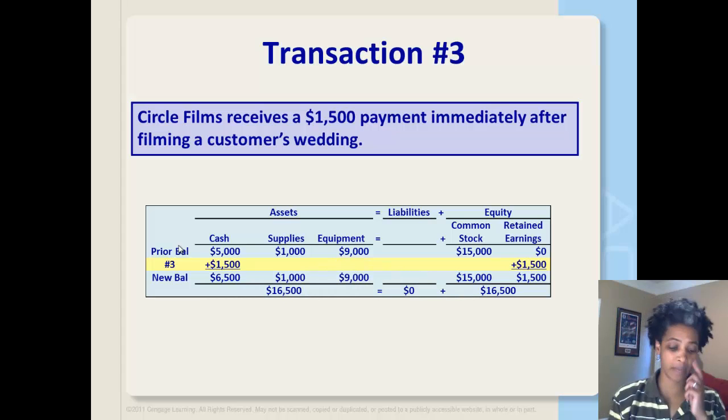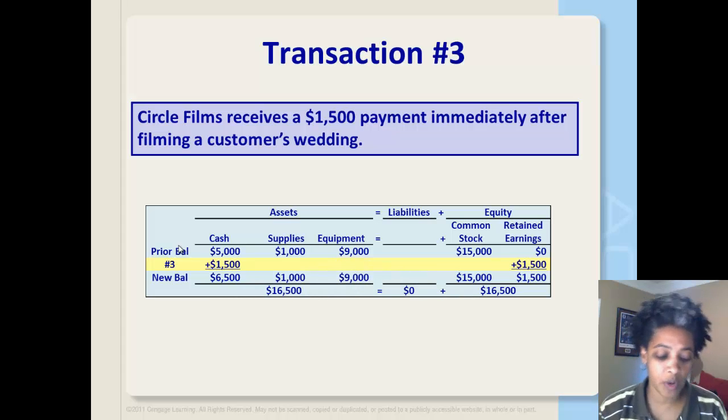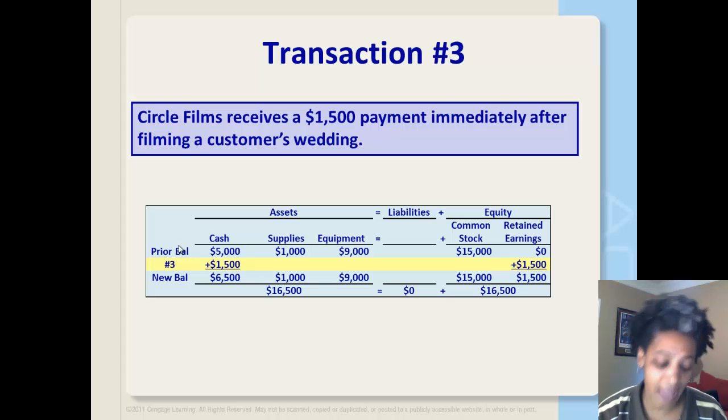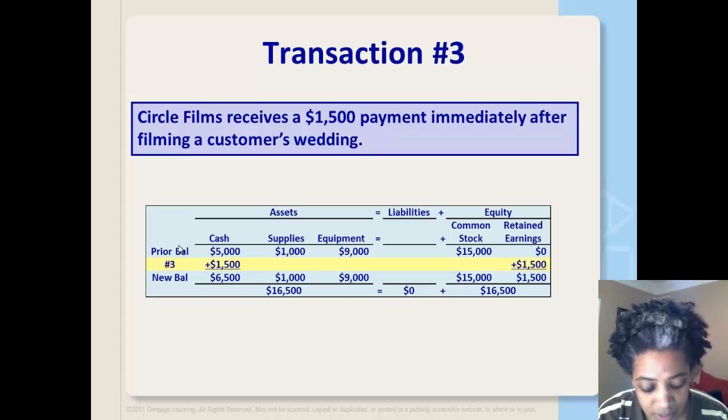Let's look at another example. In this third one, Circle Films is going to receive cash, so that means that assets are going to increase. But unlike the last one, where everything was happening on the asset side of our equation, this increase in assets results from filming a wedding.